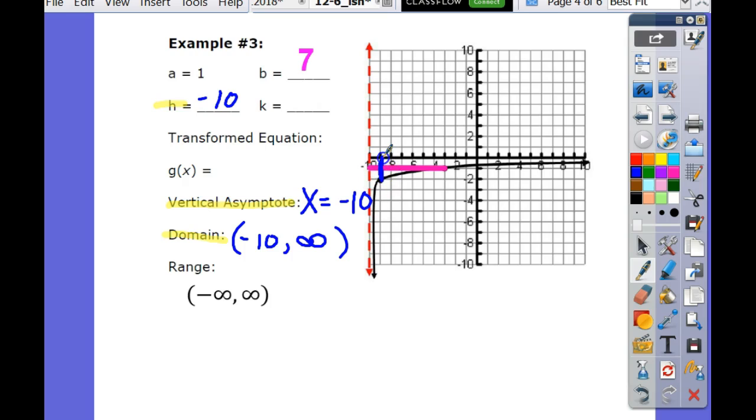The parent graph has the key point at 0, so this has gone down 2. Put it all in to the equation. By the way, this is g of x. G of x usually indicates a transformation has happened.